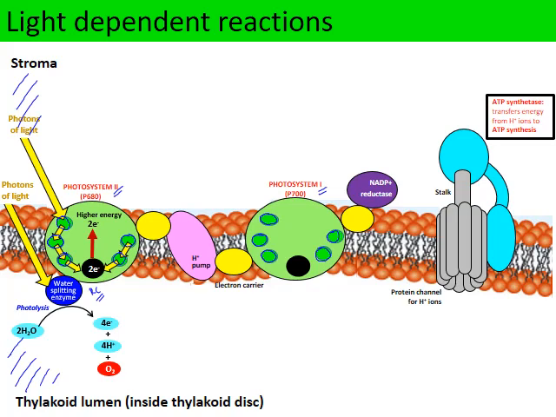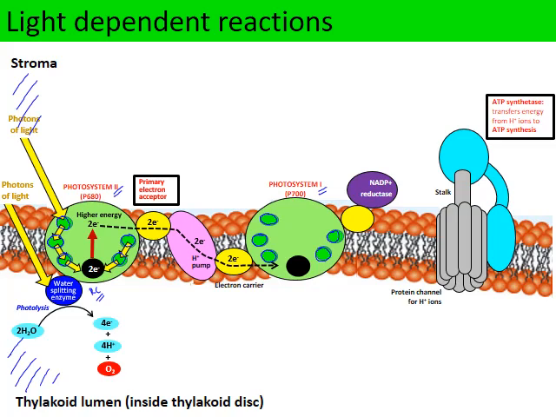That means they get released from photosystem 2. And what happens is a primary electron acceptor within the thylakoid membrane binds these two high energy electrons, and it passes them through a proton pump and then through a second electron carrier to the reaction center of photosystem 1.